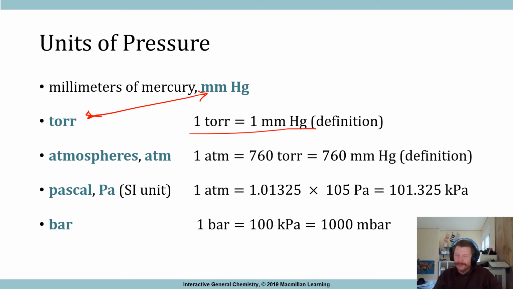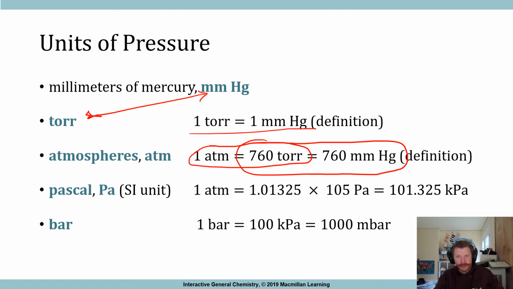Now another of the three that you have to really keep track of is this guy right here. 1 atmosphere is equal to 760 torr, which is equal to 760 millimeters mercury.